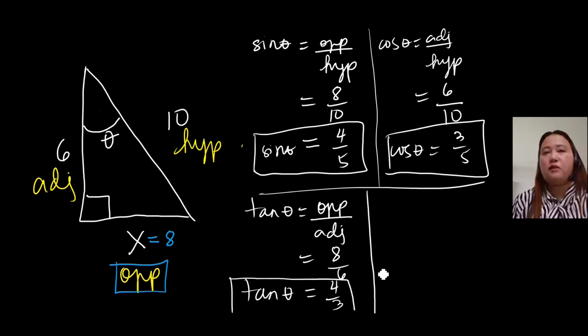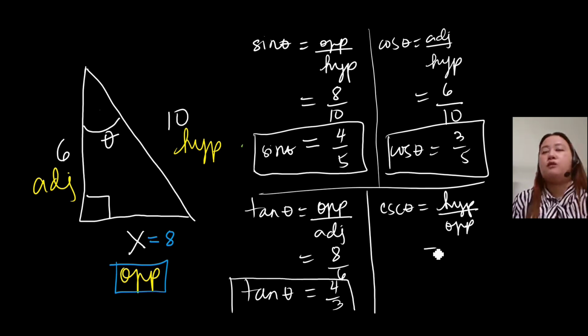Then for the reciprocal, again, no particular order for the reciprocals. So if you like to start with the cosecant, we can do it. Cosecant is hypotenuse over the opposite. So substituting, hypotenuse is 10. The opposite is 8.